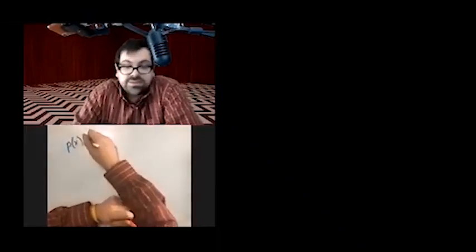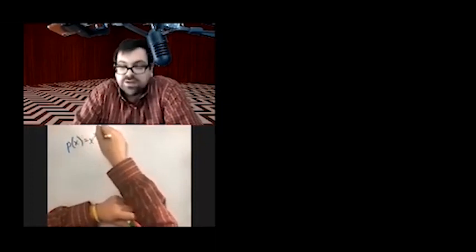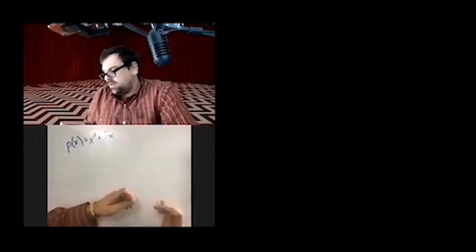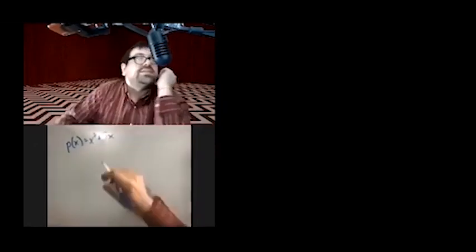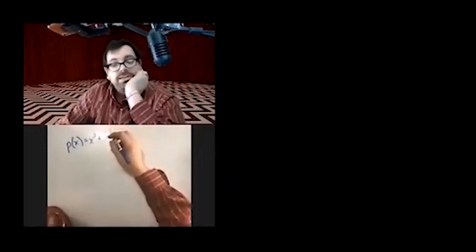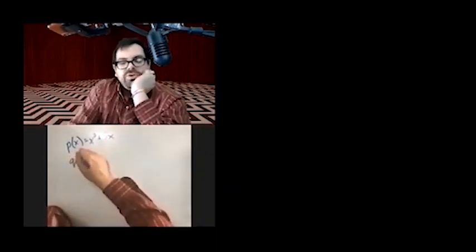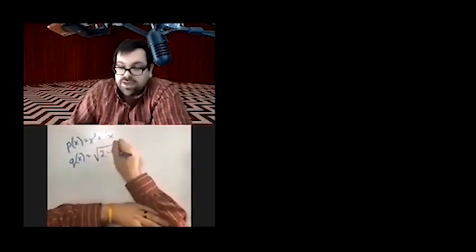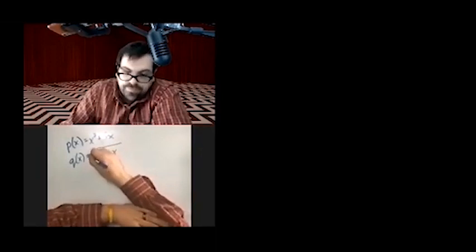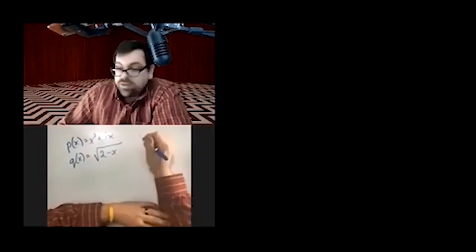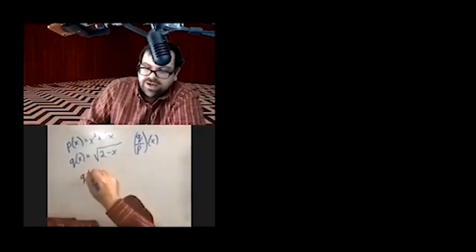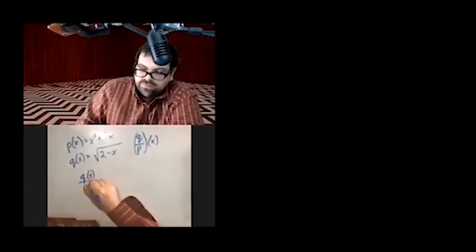We're given P of x is x squared plus 5x. And as much as I love color coding, I'm going to do this one in blue, since it's the only marker that's not disappointing me right now. Q of x is the square root of 2 minus x. We want to find Q over P of x, which we know means Q of x over P of x.